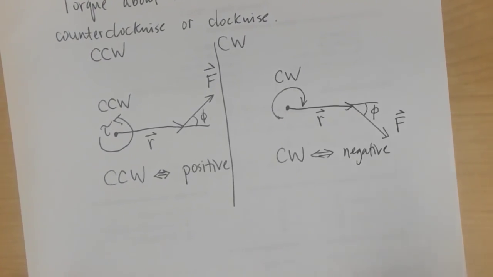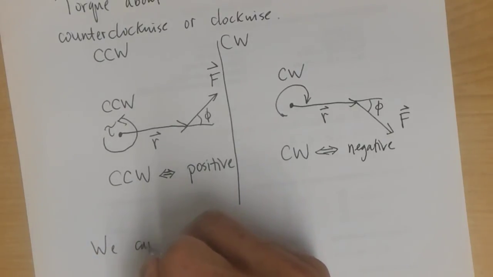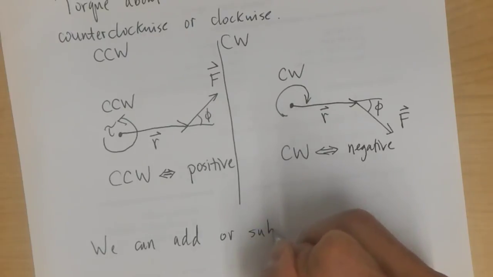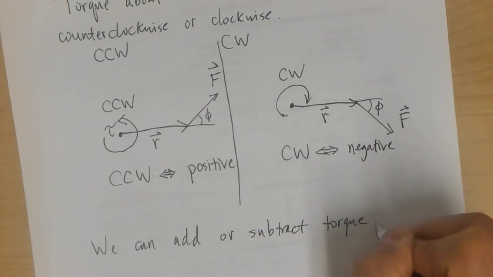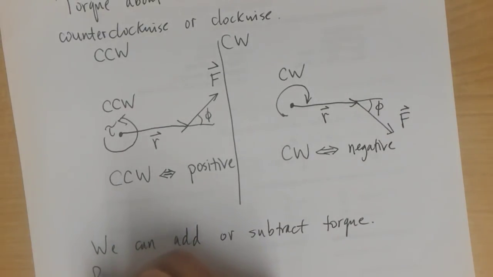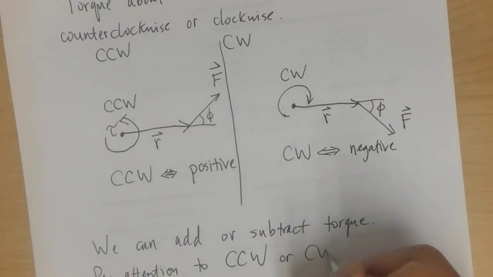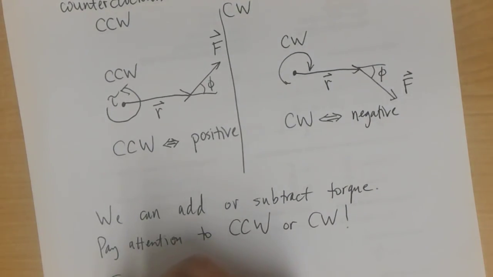Okay, the next thing I want to talk about is adding or subtracting torque. We can add or subtract torque. But you have to pay attention to clockwise, counterclockwise. Okay? So let me give an example.